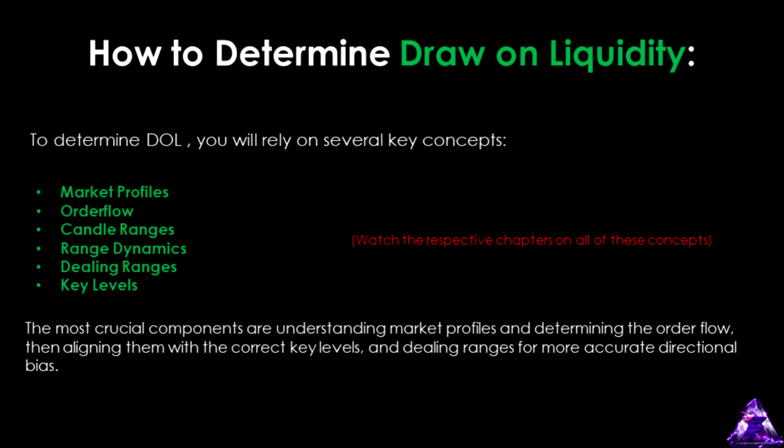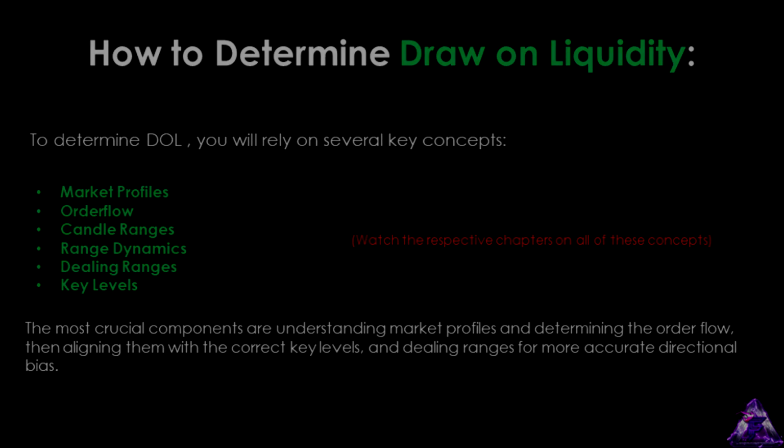You'll align these with higher time frame key levels and dealing ranges. When combined with candle ranges and range dynamics, this approach leads to a refined and objective draw on liquidity and provides a more accurate directional bias for your asset or instrument.